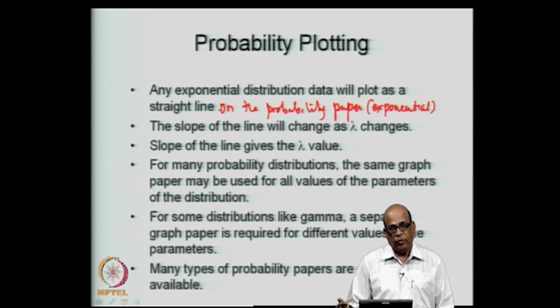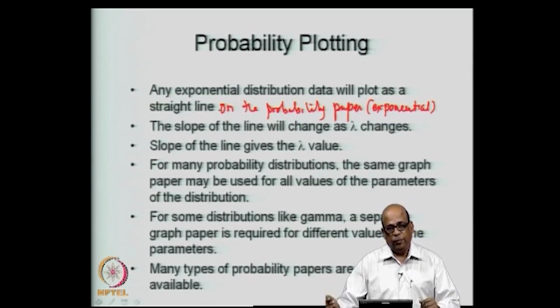The probability papers are commercially available, much like your arithmetic graph paper, log paper, semi-log paper, etc. You can also obtain probability papers. On the internet there is a good site, the Weibull site, where you can download the probability paper for several distributions. So, you can construct or download the probability papers and then plot your data on the probability paper to see whether that data follows a particular distribution or not.